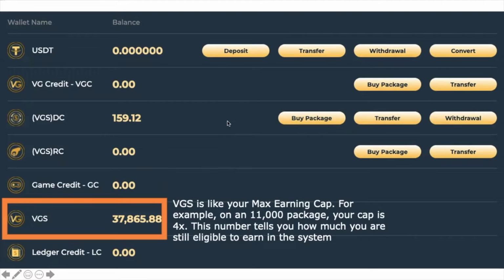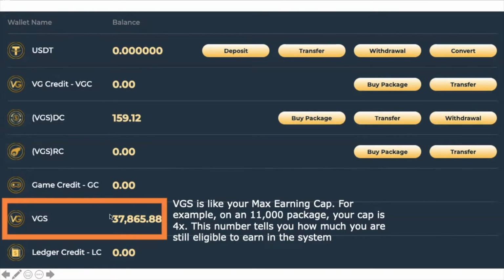VGS. VGS is like your max earning cap. Let's say somebody buys a pin package plus, so they pay the additional 10% on a $10,000 package, which becomes 11,000, and their max cap goes up to 4x, so they're entitled to earn 40,000. So this number tells you how much you are still eligible to earn in the system.